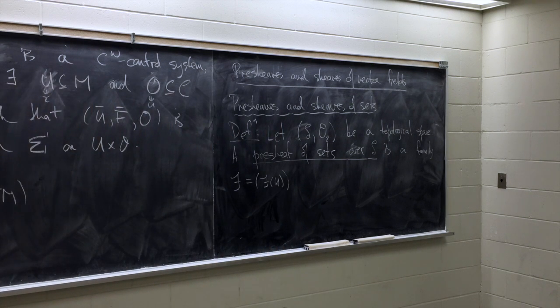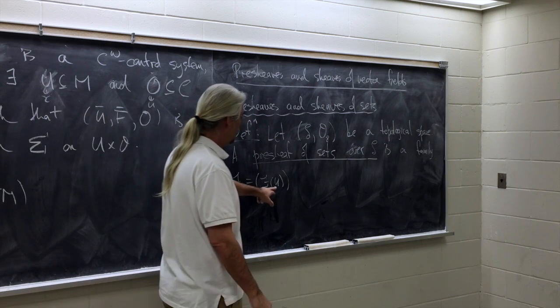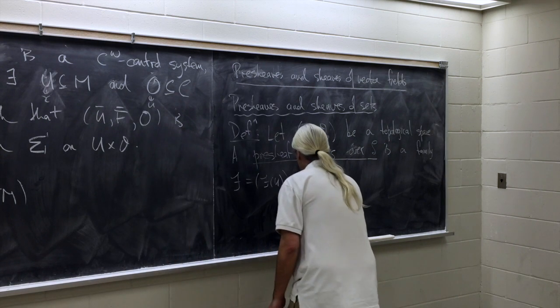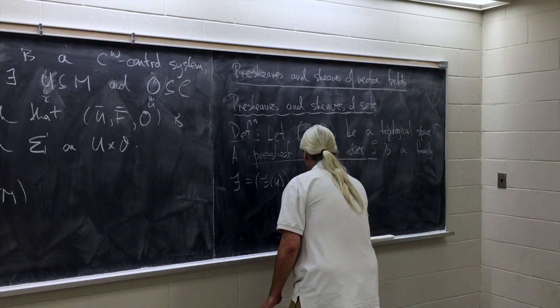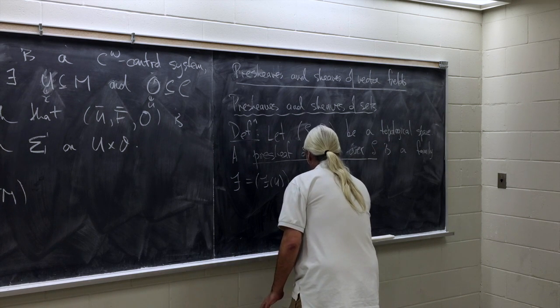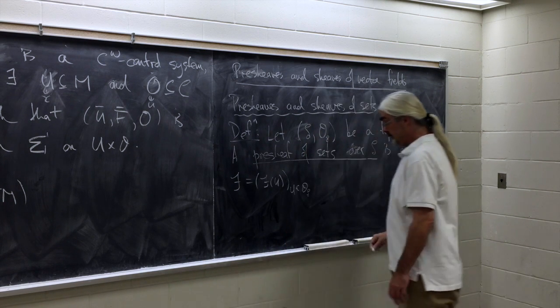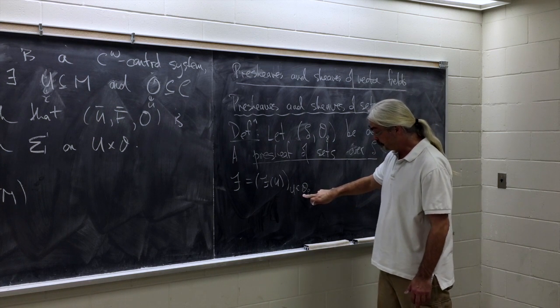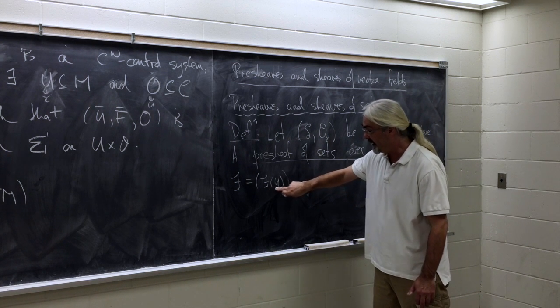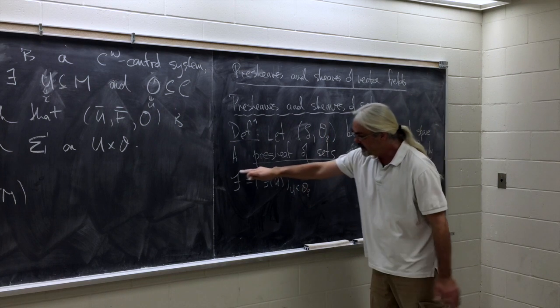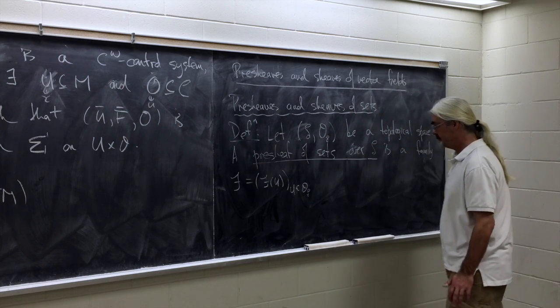Okay, so I'm going to have a family of sets indexed by open sets, so U is in O_S. For each open set, I have a set which I call F of U, and the assembly I call F.